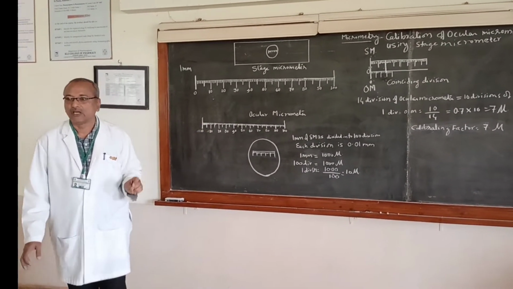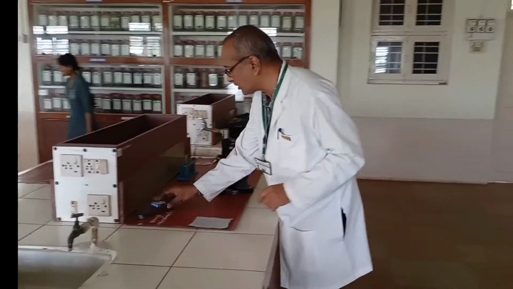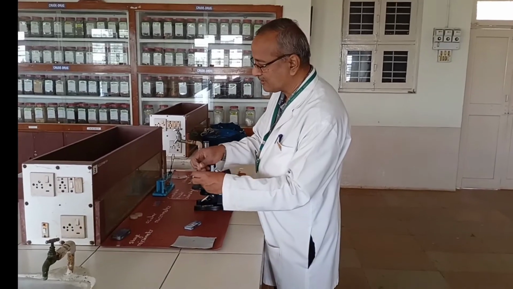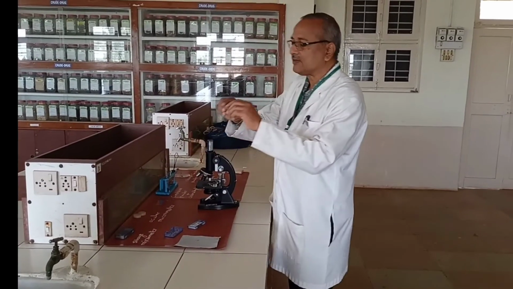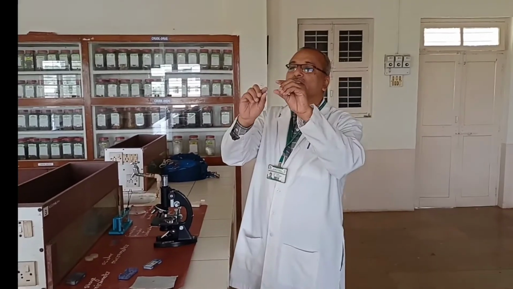And let's come to what the stage micrometer is and what the ocular micrometer is. So this is the stage micrometer, the slide which is etched with the 0 to 100 divisions, and it is measuring 1 millimeter itself.